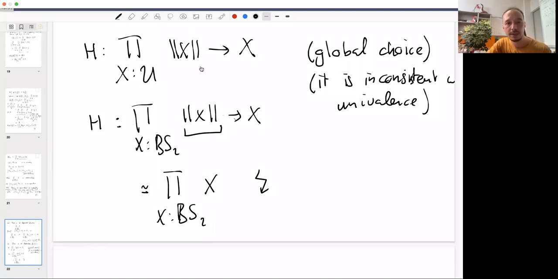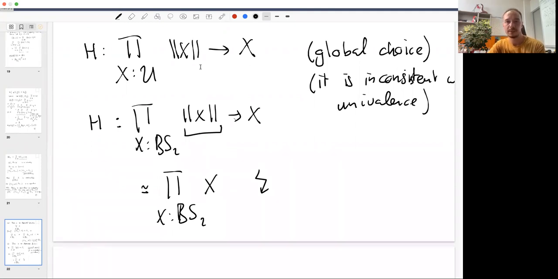Okay, so BS2 is the type of two-element types. And yes, Javier wrote the correct definition. I don't know if this is helpful to you, but for some people it is helpful to think of BS2 as the groupoid of all two-element sets.